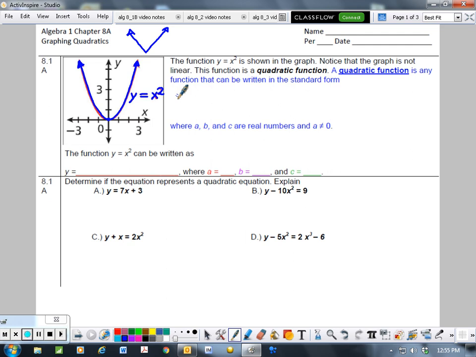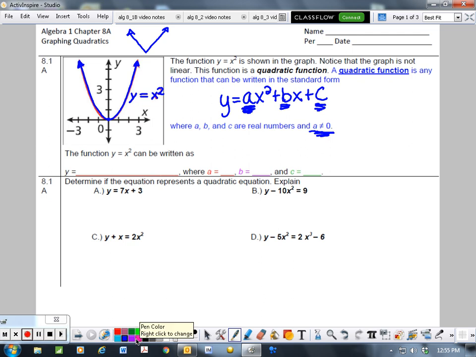Now the equation for every single quadratic function is y equals ax squared plus bx plus c. So these letters a, b, and c are all numbers. Now there's only one caveat, and that is a cannot be 0, because we have to have an x squared for it to be a quadratic function.